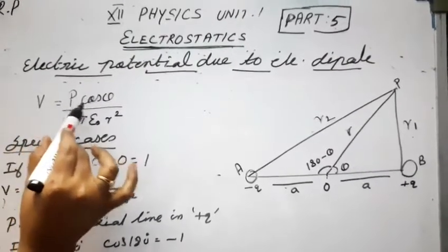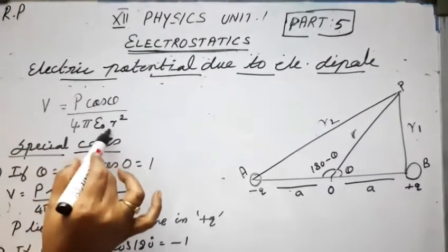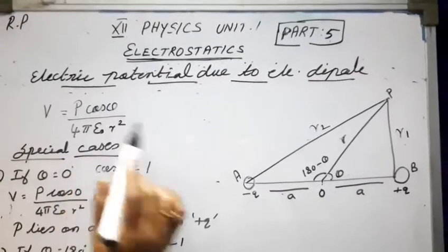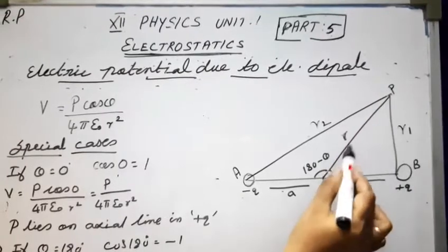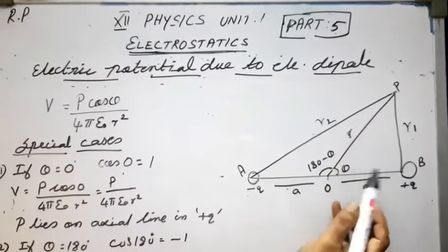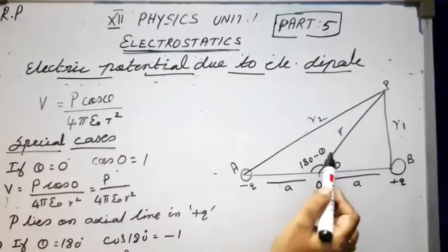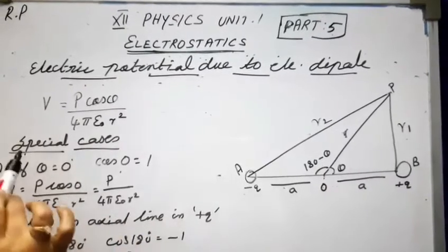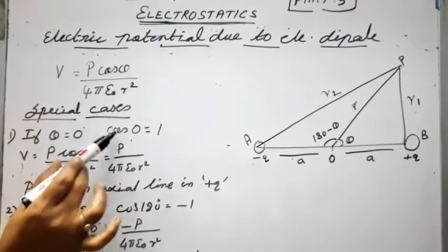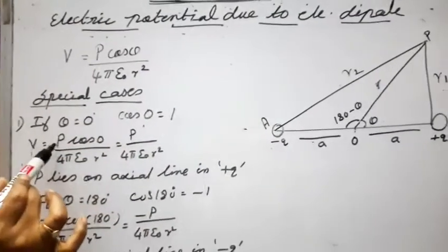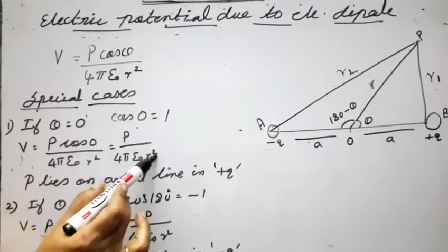V equal to p cos theta by 4 pi epsilon naught r square. Here minus Q, plus Q, the point is P, the center is O at the distance r, and here the distances r1, r2, theta, 180 minus theta. Suppose the theta value is equal to 0, cos 0 is 1, therefore V value is p by 4 pi epsilon naught r square.